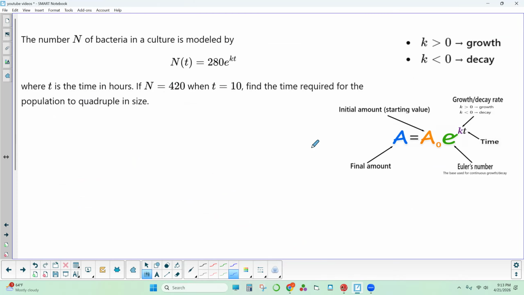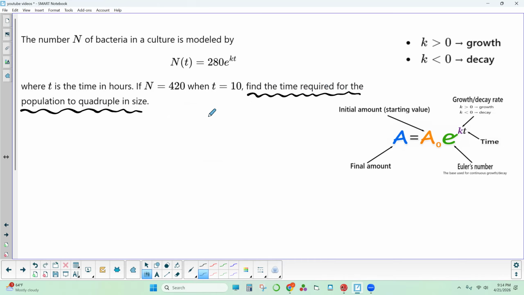If n equals 420 when t equals 10, find the time required for the population to quadruple in size. So we're looking for time. But before we can do that, they do not give us k. So we have to solve for the rate, and then we can take that rate and solve for the time it will take the population to quadruple in size.